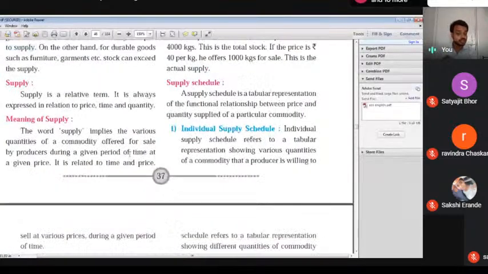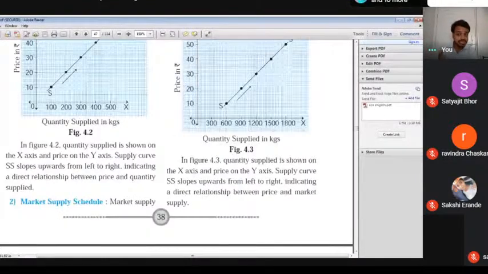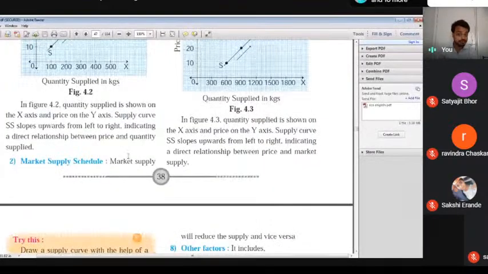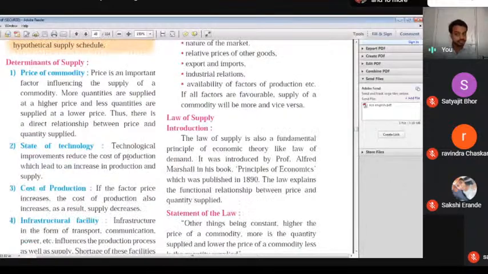When the rate of onion is high, lots of people demand it. At a high price more quantity is supplied, and at a low price less quantity is supplied. This is a direct relationship between price and quantity.